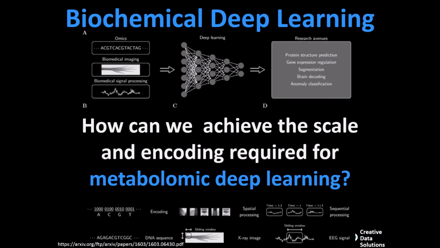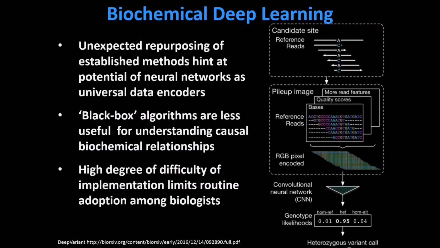Now, there are some areas where there has been very unexpected success of biochemical deep learning. Here's an example, DeepVariant. This is a system built by Google, and it's trying to identify SNPs, or single nucleotide polymorphisms, or indels, or gene deletions or additions. This is actually a very difficult task.